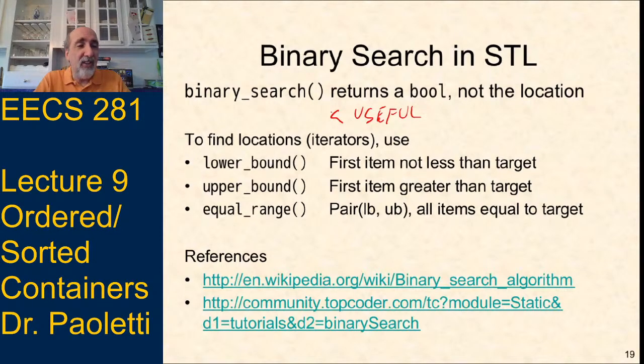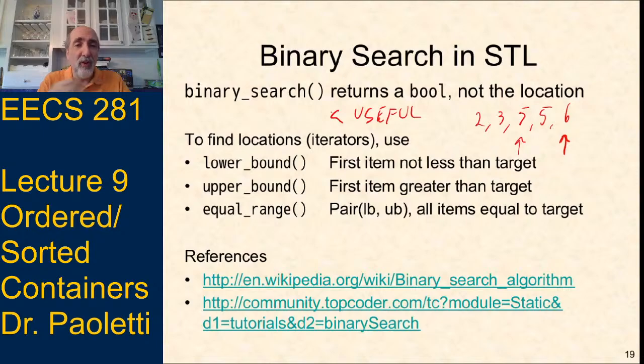Upper bound basically tells you the last possible place it could be. So if I had like 2, 3, 5, 5, 6, and I say find me the lower bound of 5, lower bound of 5 is here, upper bound of 5 is there. It's the last possible place 5 could be.